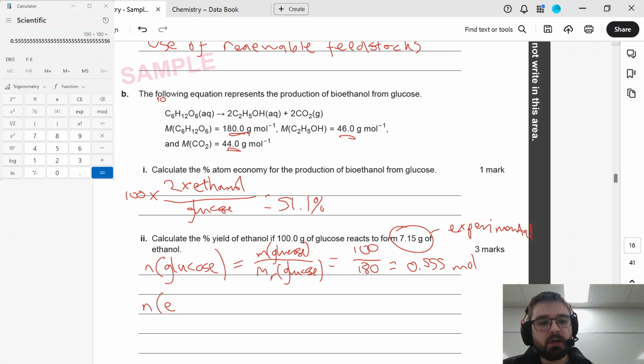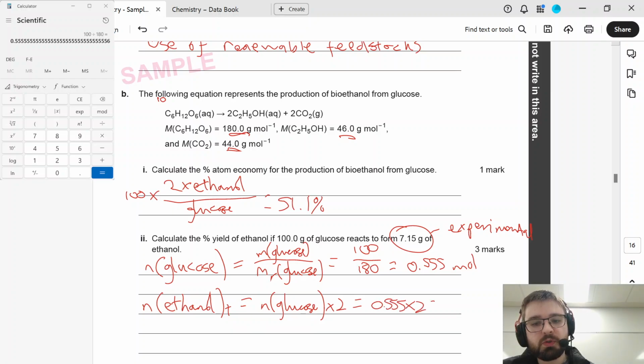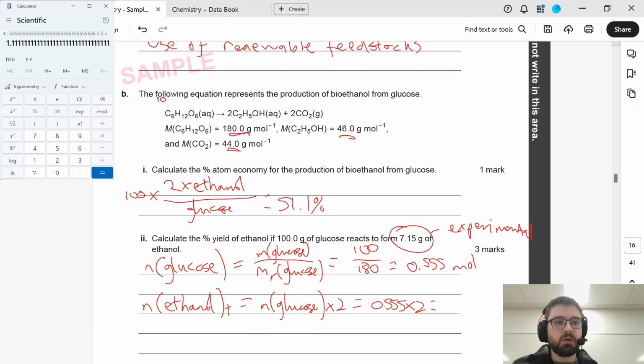Now the amount of ethanol, again, if you want to put like theoretical down there or something like that, you can, equals the amount of glucose times 2, which is going to equal 0.555 times 2, which is going to equal 1.111.